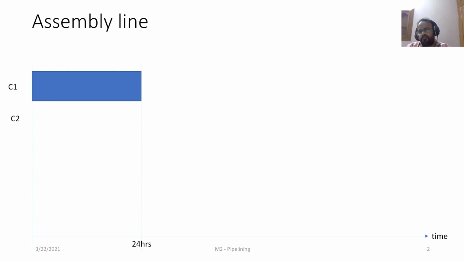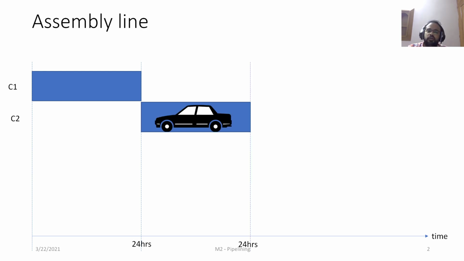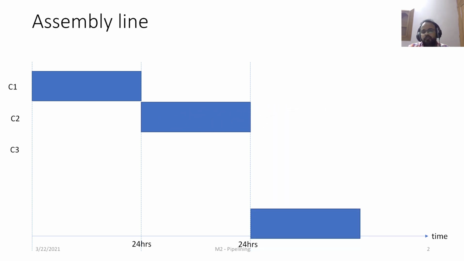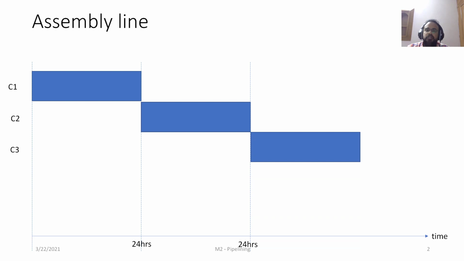and in the next 24 hours, the unit would be working on another car, let's call it C2. At the end of the second 24 hours, we are going to roll out another car. The similar thing would happen in the third 24-hour slot also. We are going to work on some new car C3, and roll it out at the end of that 24-hour slot.